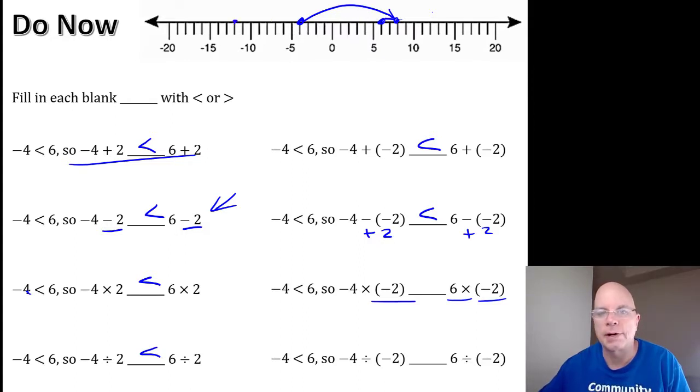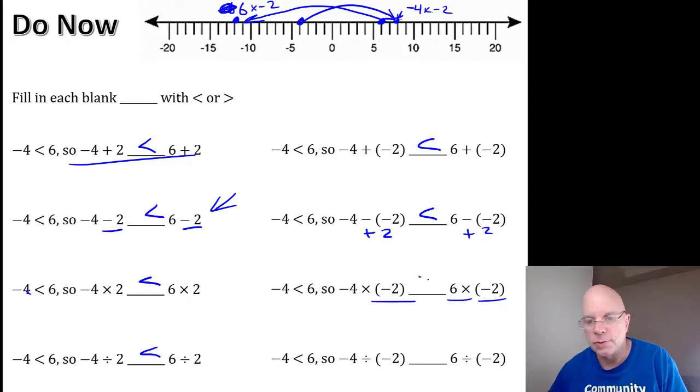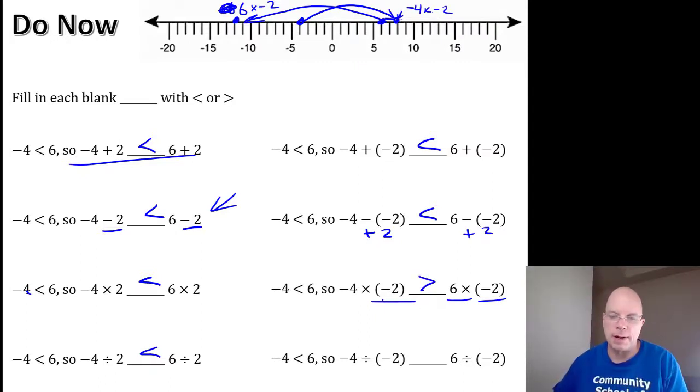It ends up way over here. So they cross over each other. This is 6 multiplied by -2, and this is -4 multiplied by -2. So the sign changes when you multiply by this negative.